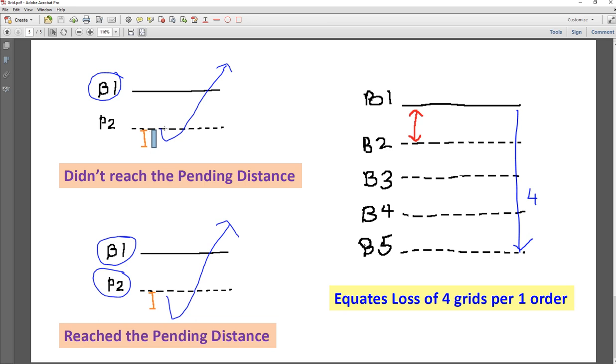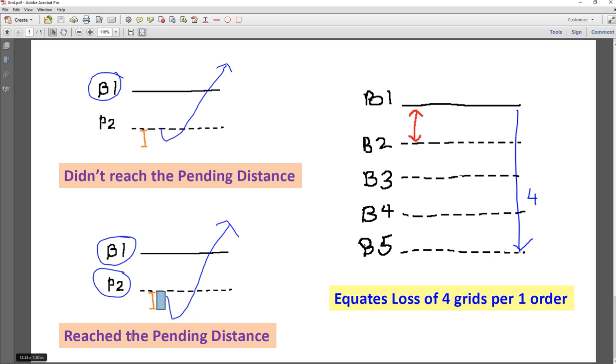Nothing will happen. And if the market goes back up, it means you're holding only one order because the market didn't reach the pending distance. So in the second case, the market went down the grid distance plus the pending distance.